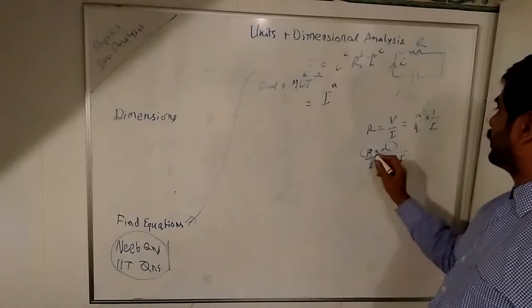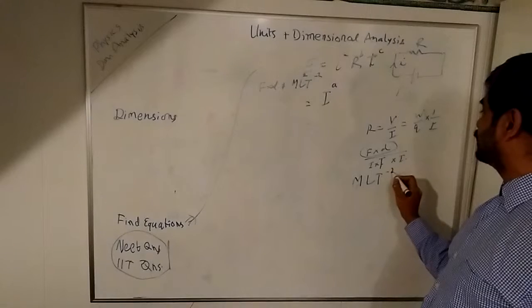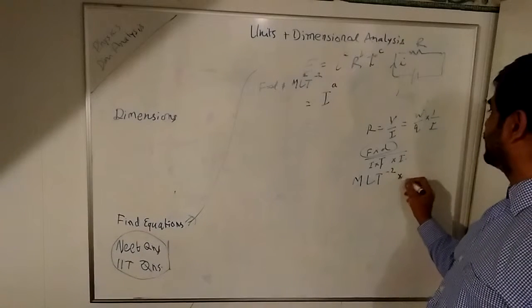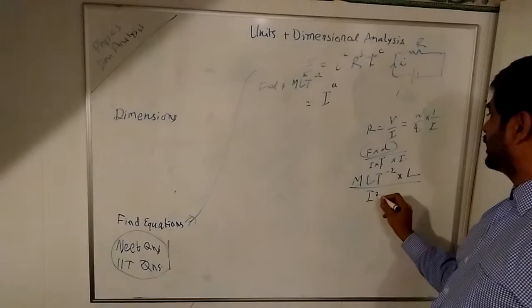Now the force is m L t to the power of minus 2, mass into acceleration, multiplied by distance L, divided by I square into T.